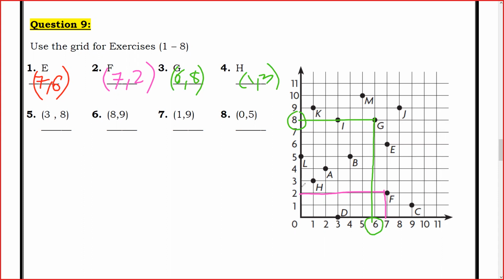Wait, miss. I will call you one by one. Now, who answered? Malak, Muna, and who? Lamia? Just 1 second, please. Who answered number 2? Your name? Did you answer number 2?